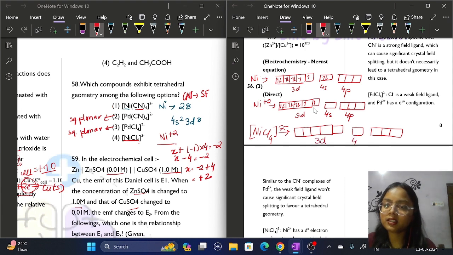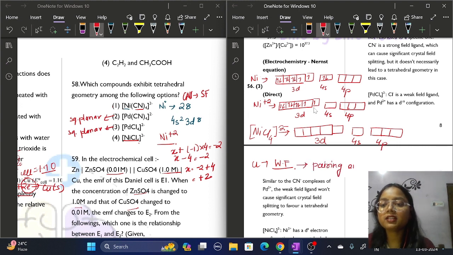This is 3d, 4s, 4p. Here Cl is the weak field ligand. Weak field ligand means the pairing energy is low. It does not have the capacity to pair the electrons, unlike CN, which is a strong field ligand and has the capacity to pair.